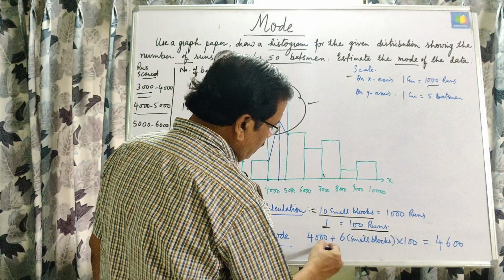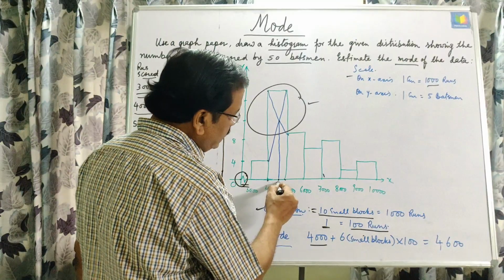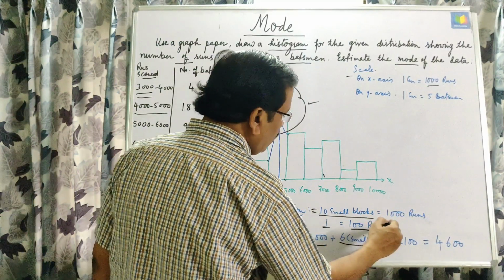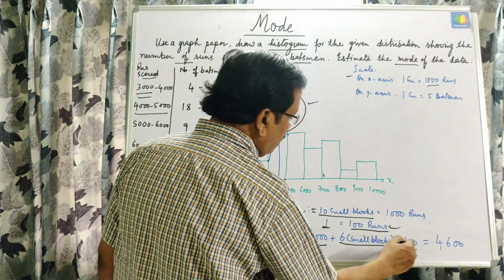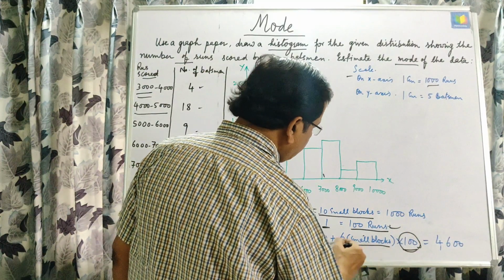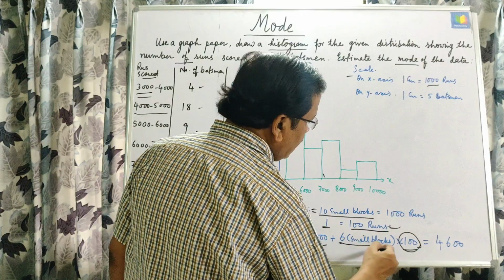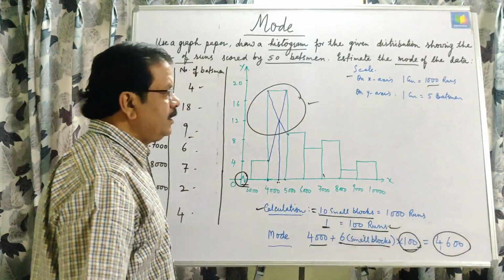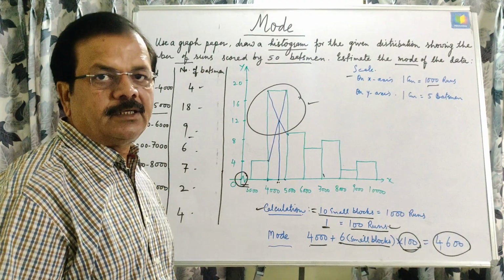Then 4000 plus 6 small blocks into the value of each small block, 100, after multiplying and adding we are getting 4600. This is the correct mode.